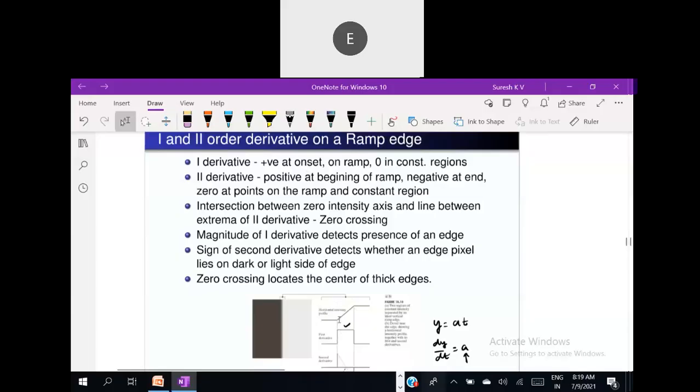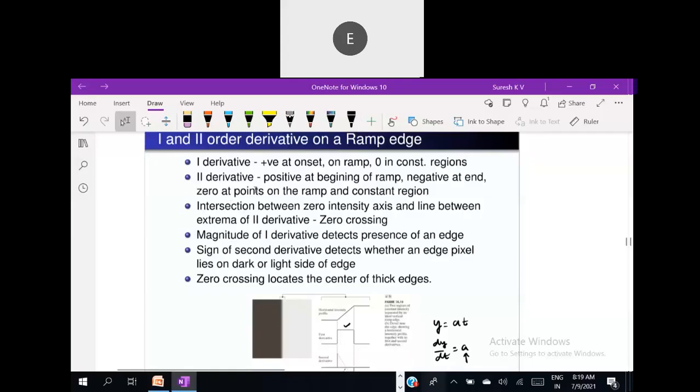And on the ramp, it is positive here and positive here. In the constant region, it is 0. I don't think there is any difficulty in following this.